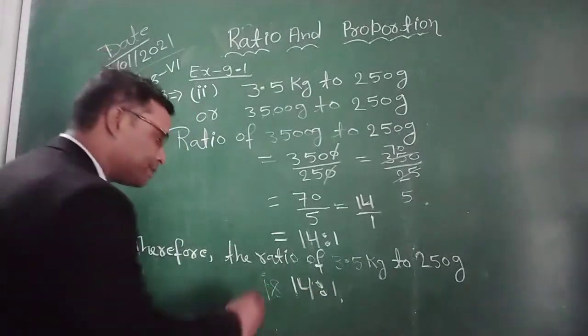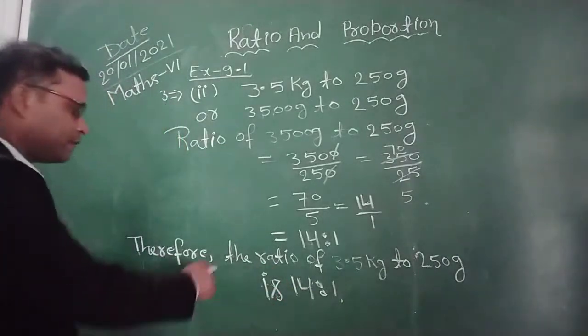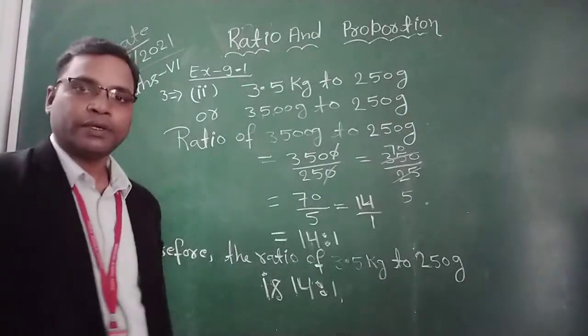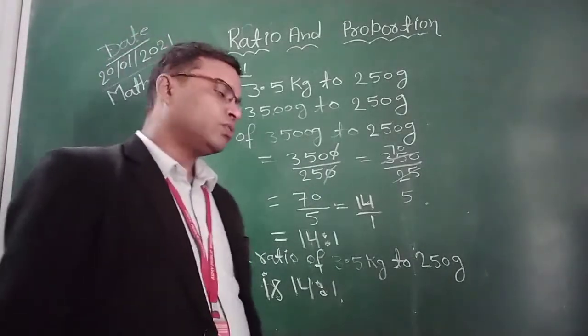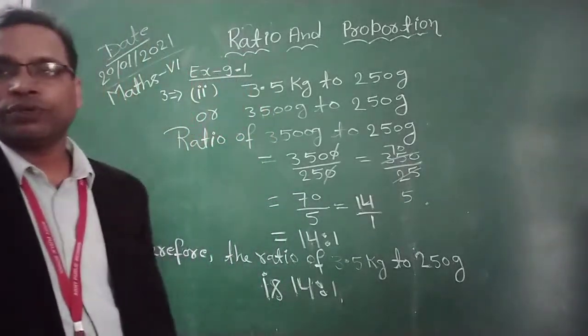This is clear? So student, therefore the ratio of 3.5 kg to 250 grams is 14 ratio 1.